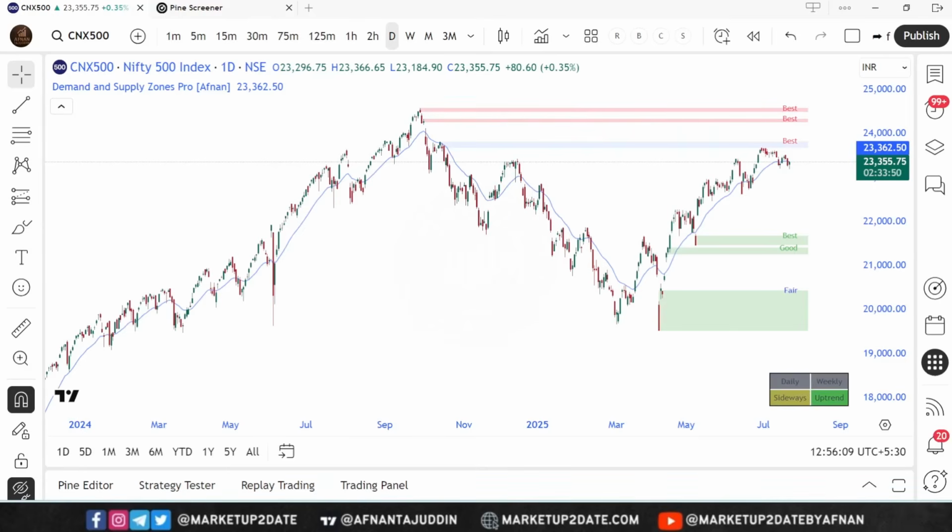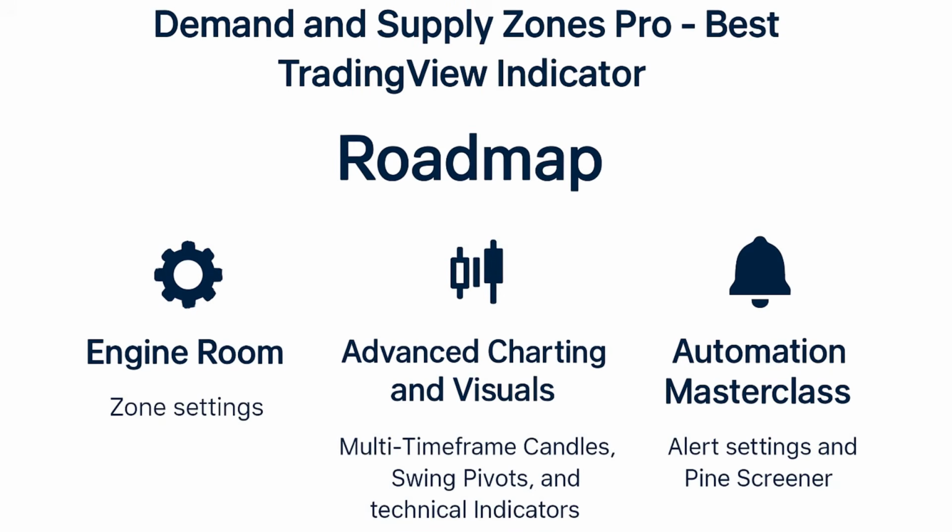Here is our roadmap for this session. First, we will dive into the engine room, where we will break down the settings that control how zones are identified and filtered, including zone quality, higher time frame zones, and the underlying rules.